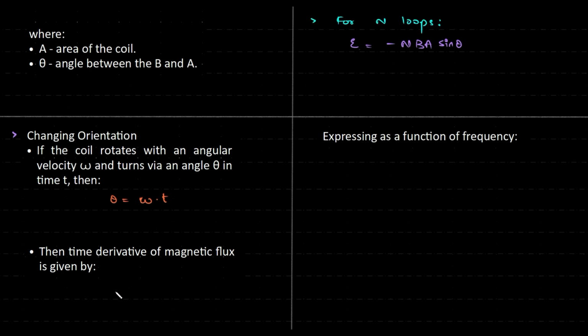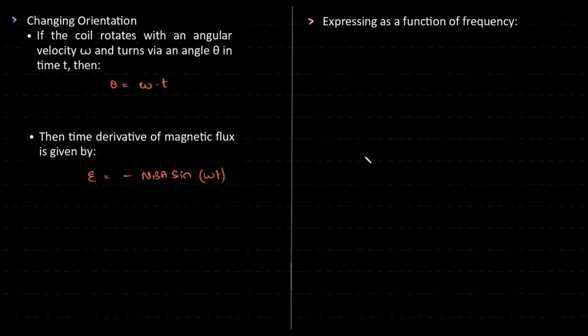And then your magnetic field line, EMF will be given by sine of omega t as a function of time. For omega fixed, it will be just dependent on time. And then let's express it in terms of frequency.